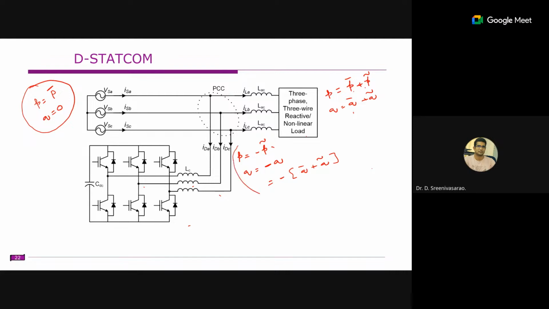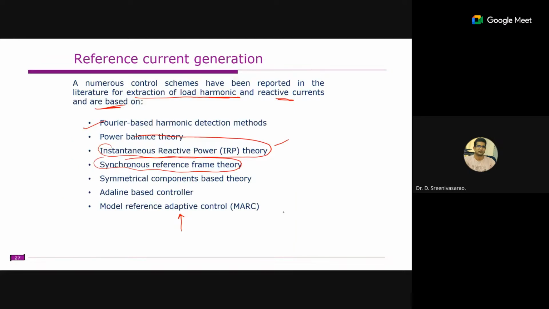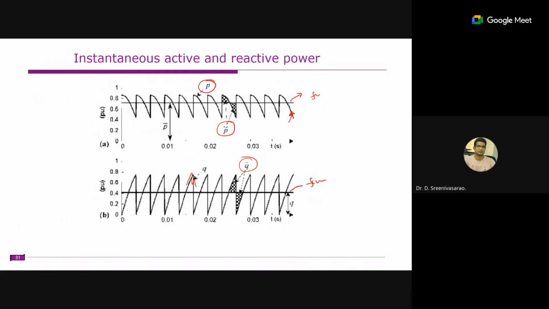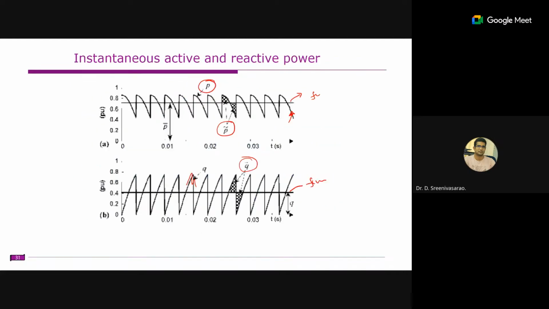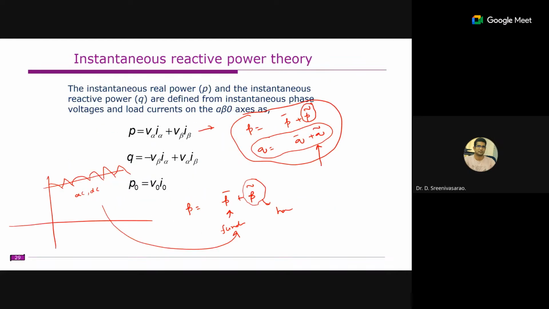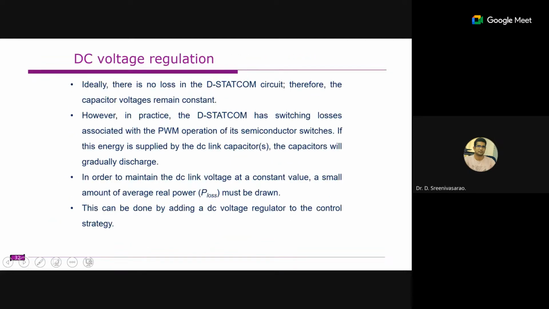Now these are the powers that we need to compensate, and based on these powers we can control the inverter. This power matrix we can put in a matrix form like this.